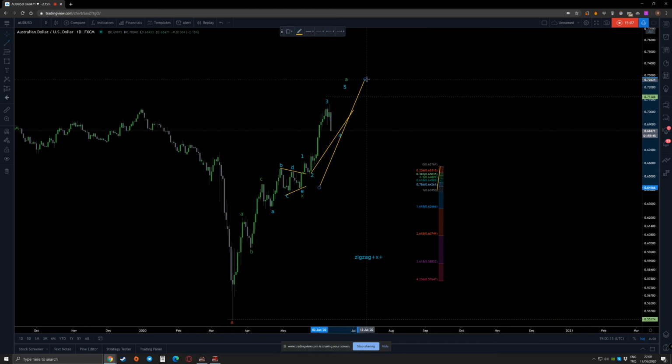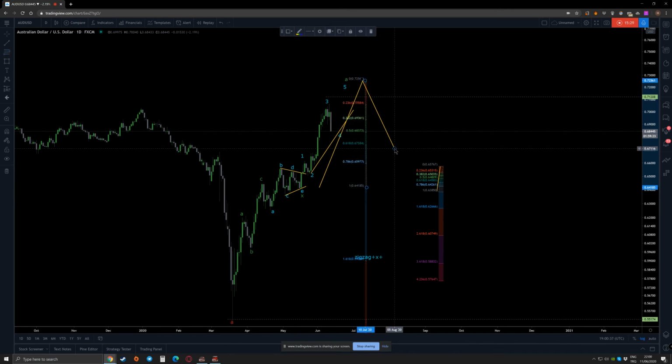Now what do I know? Well, I know that this A wave is a zigzag. True? Now it means that my B wave cannot go more than 618. So what I would do is take this Fibonacci ratio of this move and I would take strategic longs the more the price action comes towards 618.